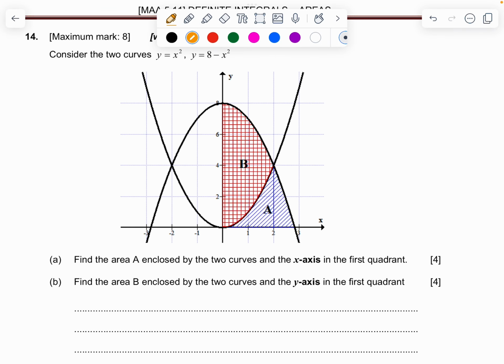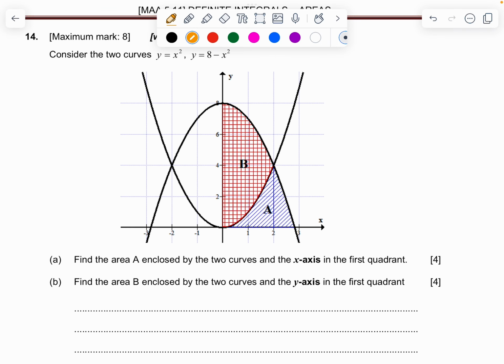Then find the area A. We can see that area A is between 0 and 2 for the curve y equals x square, dx, plus the area of this small triangle, this part, from 2 to the point of intersection for the second curve, 8 minus x square.